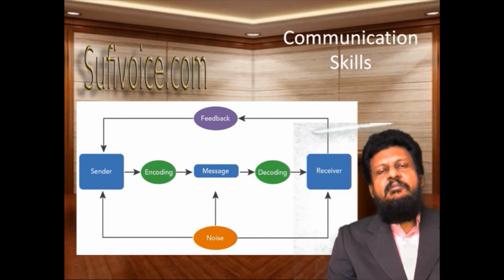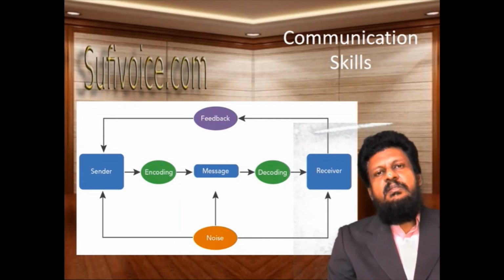Noise can affect at any level. Noise can be from the sender side, it can be in the language, in the process of the language getting delivered, or before it gets to the receiver. So noise has to be avoided.